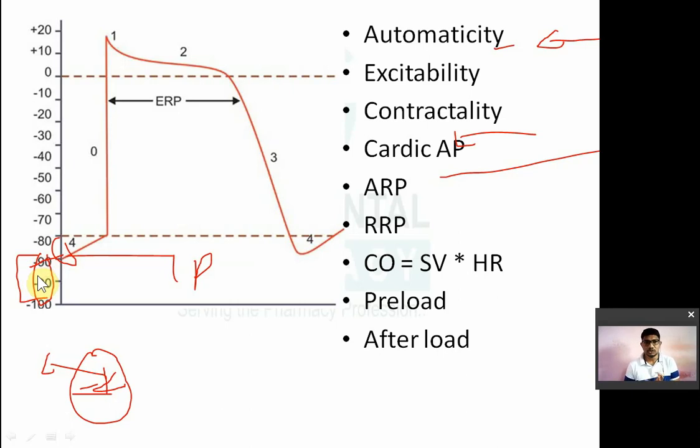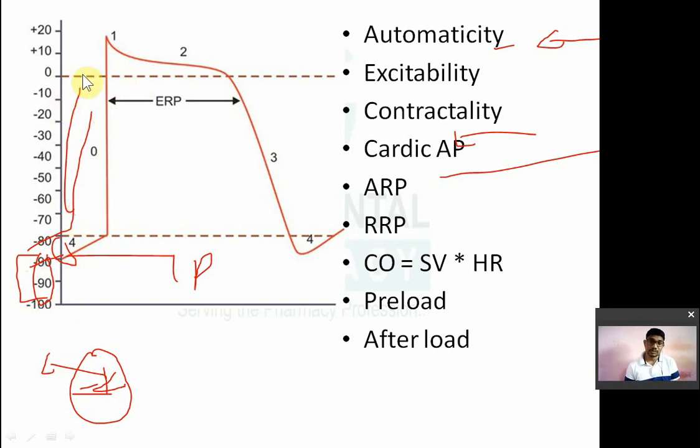As soon as your threshold potential is reached in the cardiac cell because of the leakage of potassium ion channel, there will be sudden entry of sodium and calcium. Sodium and calcium are nothing but positive ions, known as cations, and they will change the intracellular negativity. They will turn negative potential into positive potential, okay.